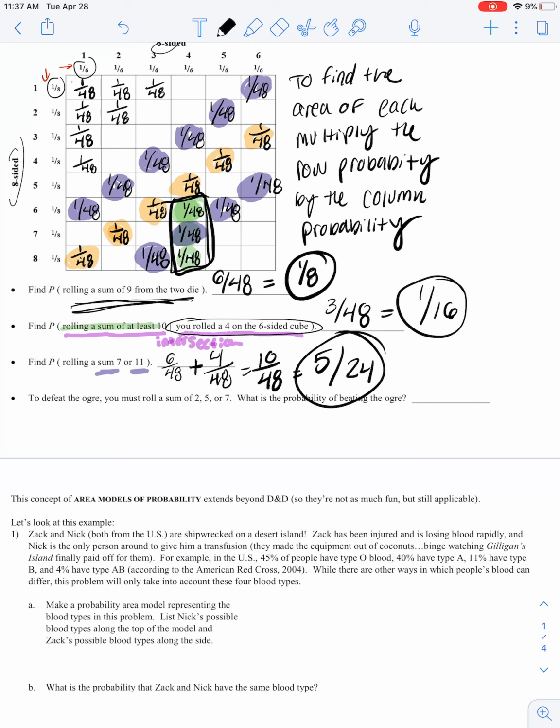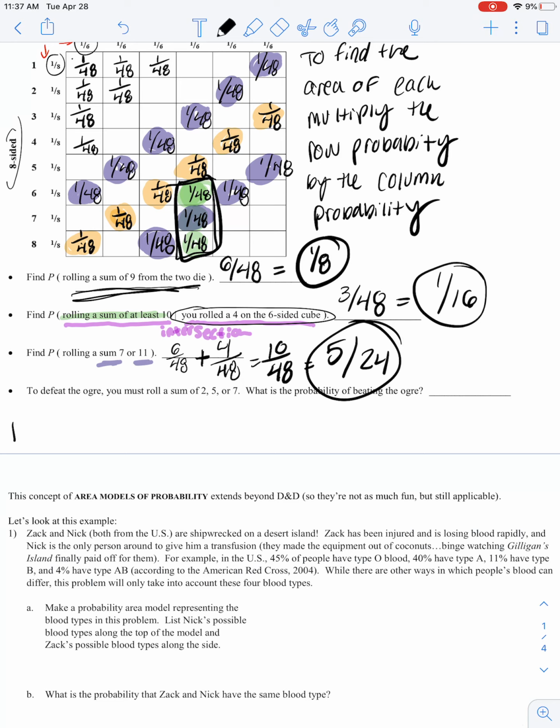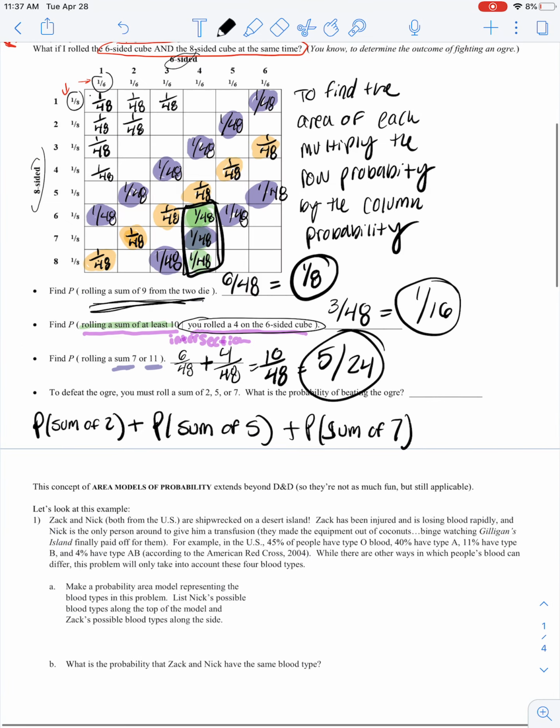And last but not least, to defeat the ogre, you must roll a sum of 2, 5, or 7. What is the probability of beating the ogre? Okay, so we need to take the probability of rolling the sum of 2 plus the probability of rolling a sum of 5 plus the probability of rolling a sum of 7. So let's see.